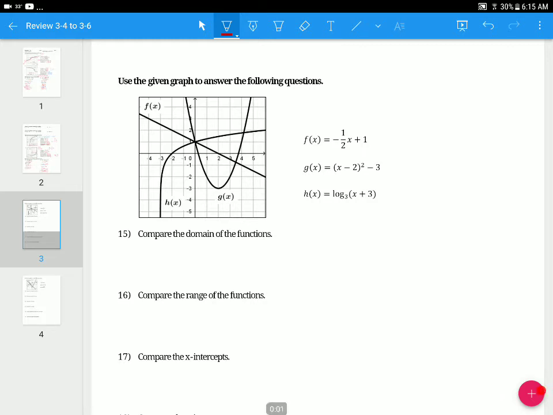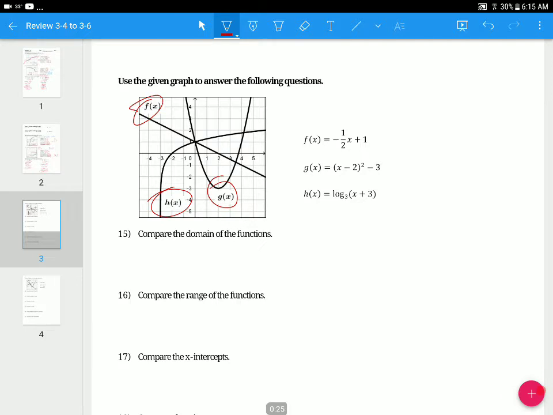All right, these last two sets of questions really come from section 3.6 more than anything else, where we're just kind of looking at our charts. You can use your charts for all this, and we're comparing the three graphs. I labeled them for you. f of x is the line, g of x is the quadratic, h of x is the logarithm.